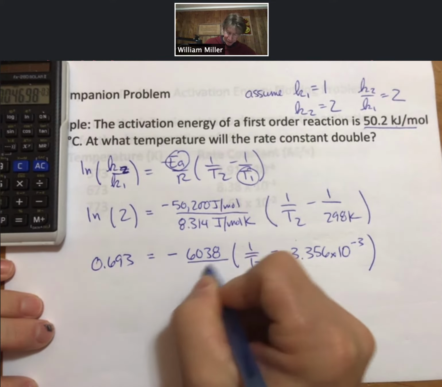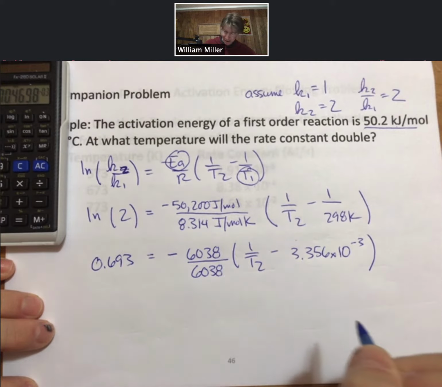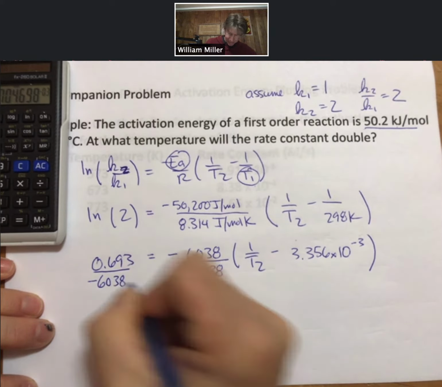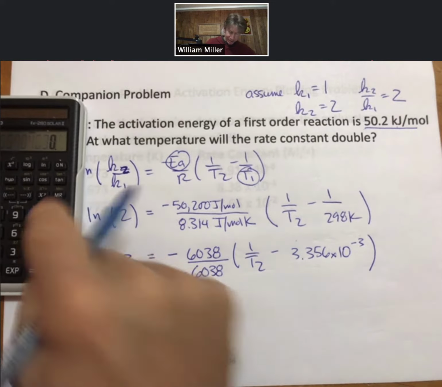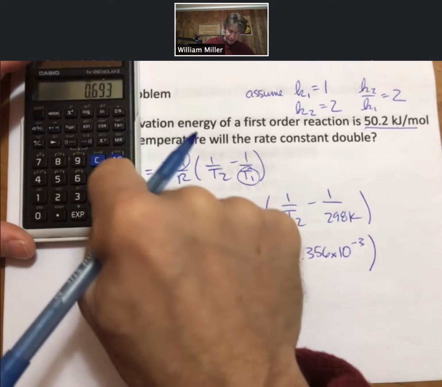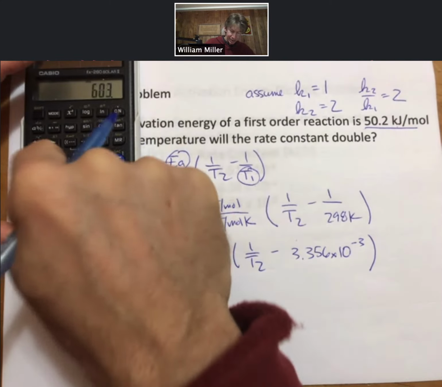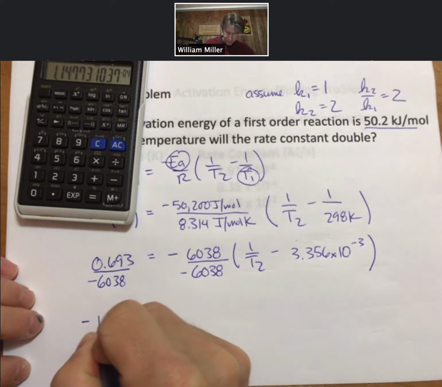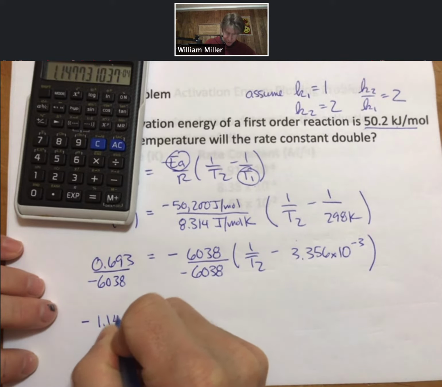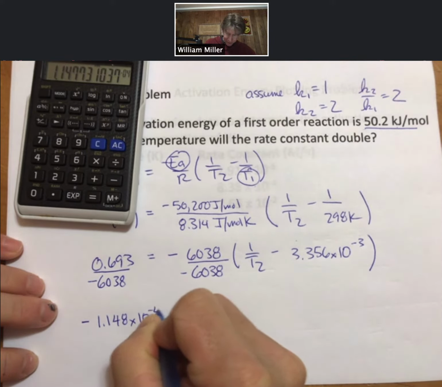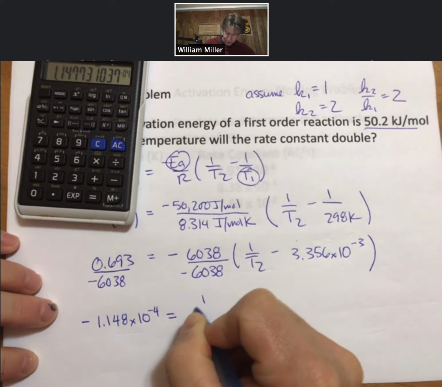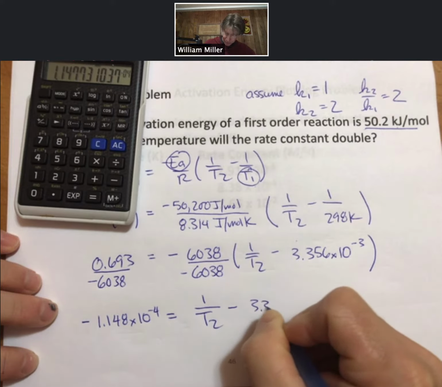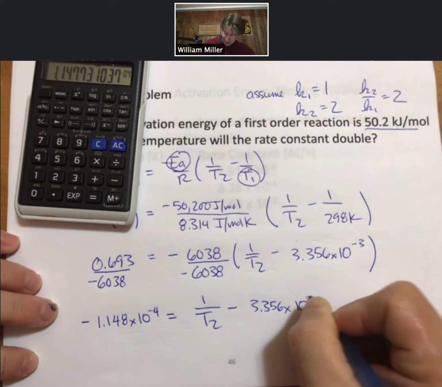So divide both sides by 6,038, negative, I guess. And I get 0.693 divided by 6,038. I get minus 1.148 times 10 to the minus 4 equals 1 over T2 minus 3.356 times 10 to the minus 3.